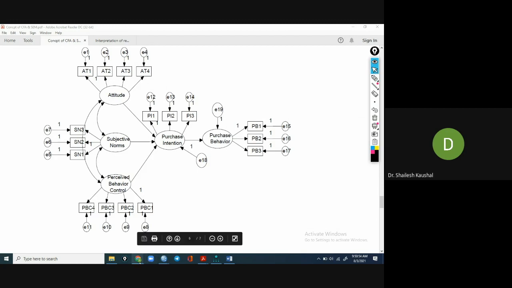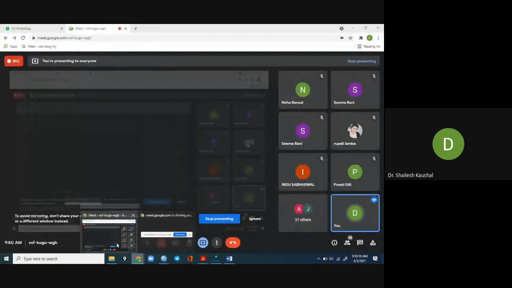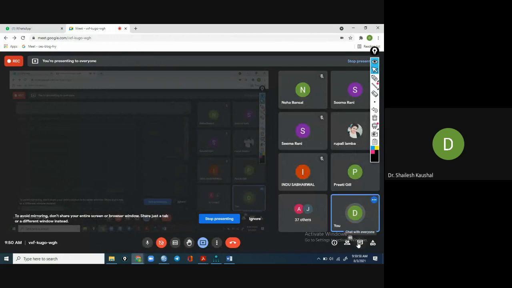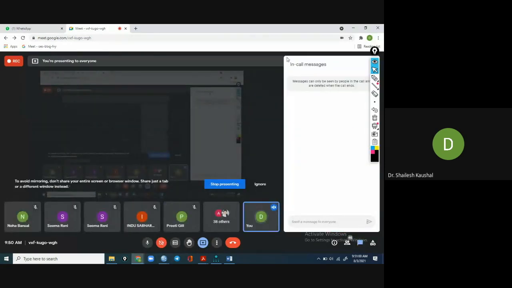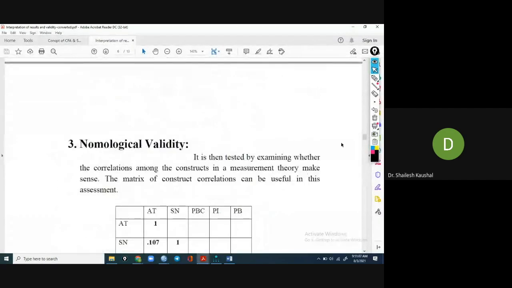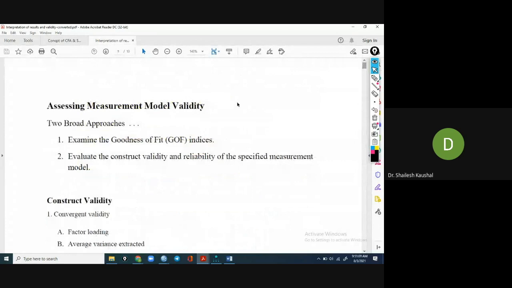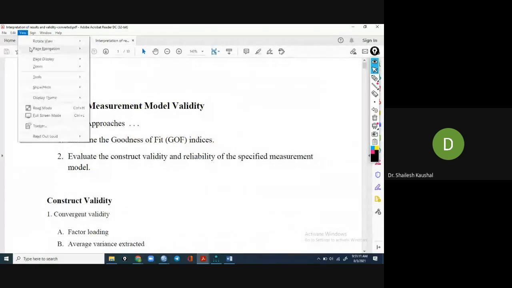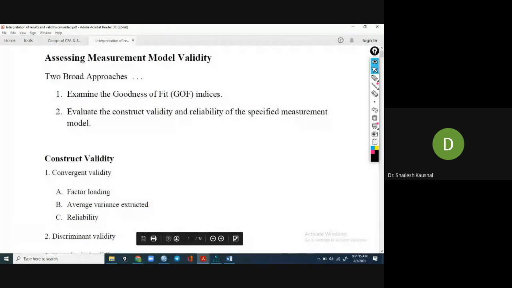Now I'm showing you how. The question is how to find the validity of this model. You can see this slide: assessing measurement model validity.